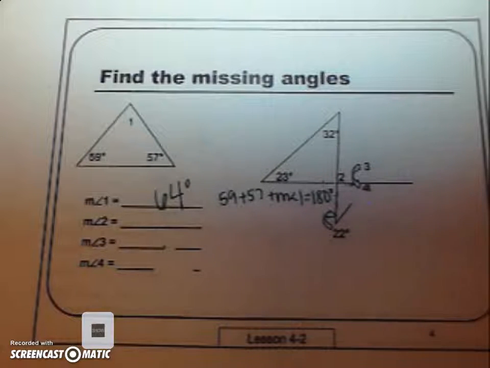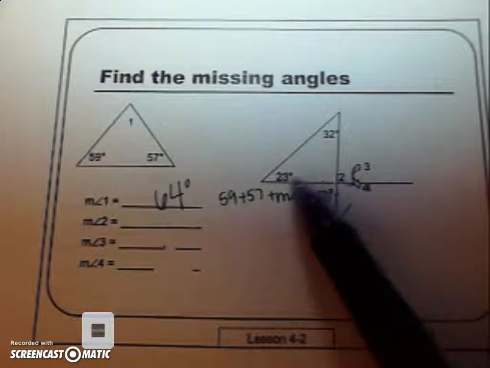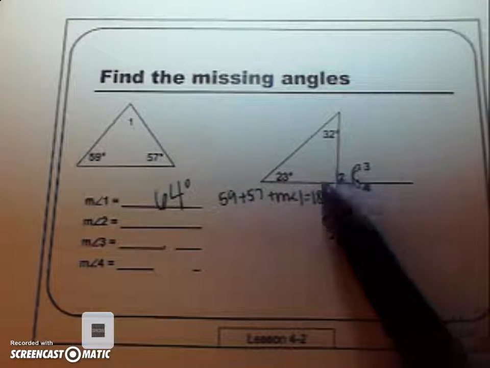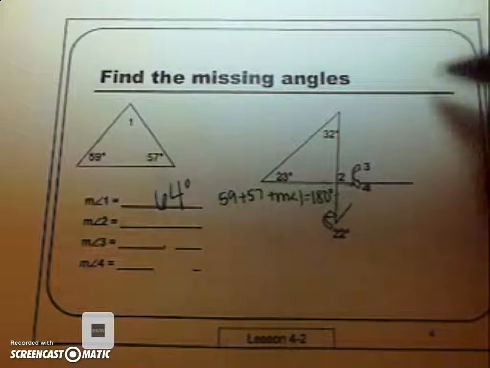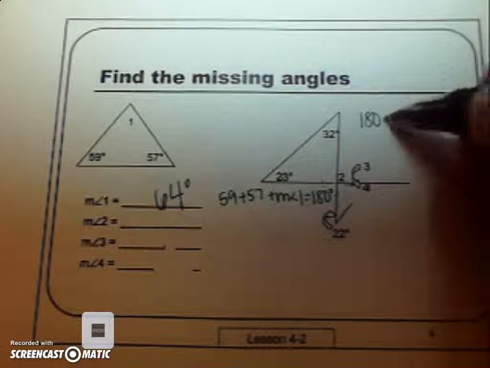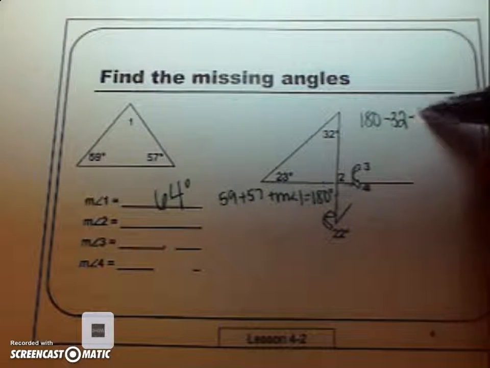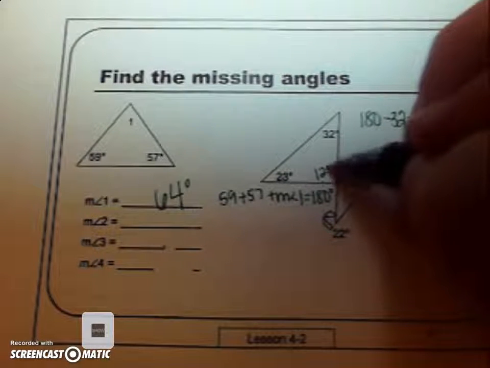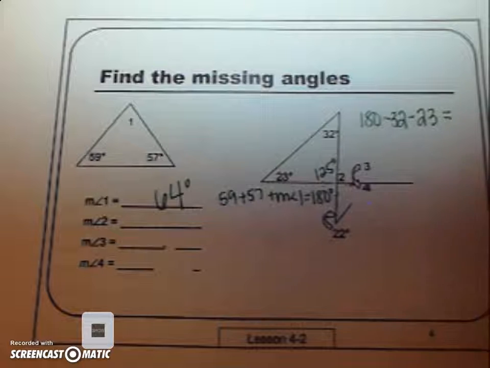Here, in this next example, I have 23 and 32. That means that this angle down here is going to have to be 180 minus 32 minus 23, okay, which is equal to a 125 degree angle. This one here is vertical to it.